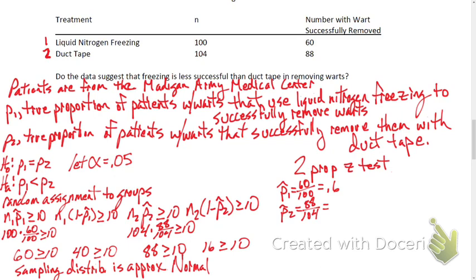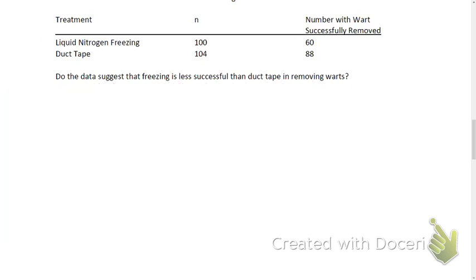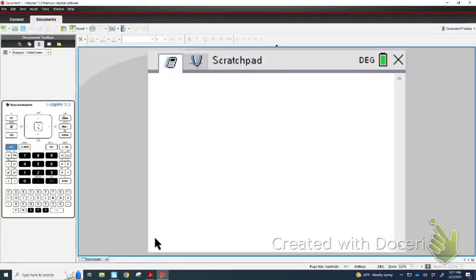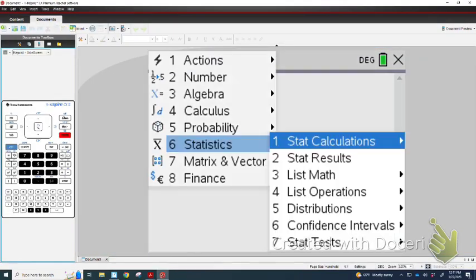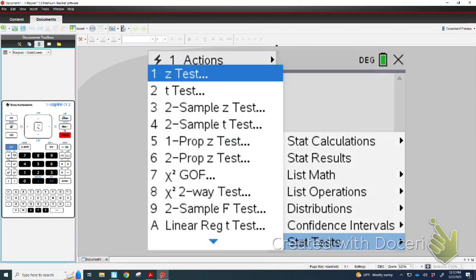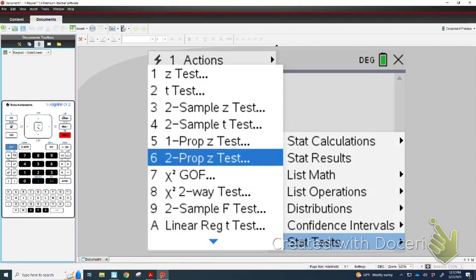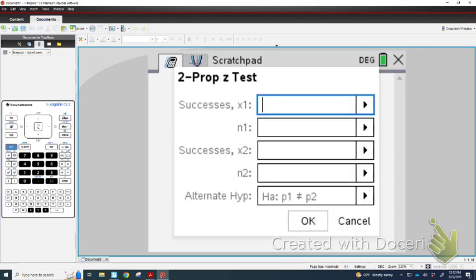So let's jump to the calculator. So on the calculator, you look for 2-PropZTest. Right there. And then you type in your data. We have a 60, 100, 88, 104, and make that a less than. And you're good to go.